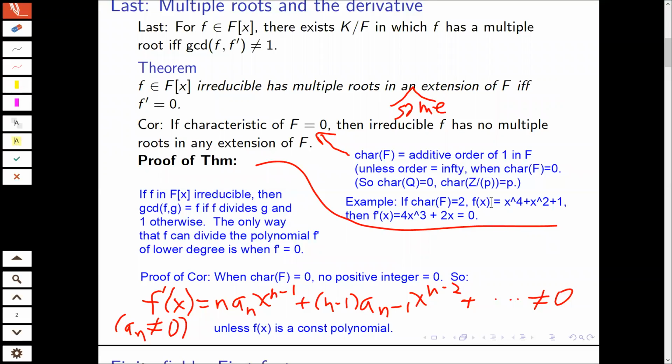Well, this isn't irreducible, but basically the way that you get a polynomial to have derivative equal to 0 is when all the exponents occurring in the monomials of that polynomial are all divisible by p.